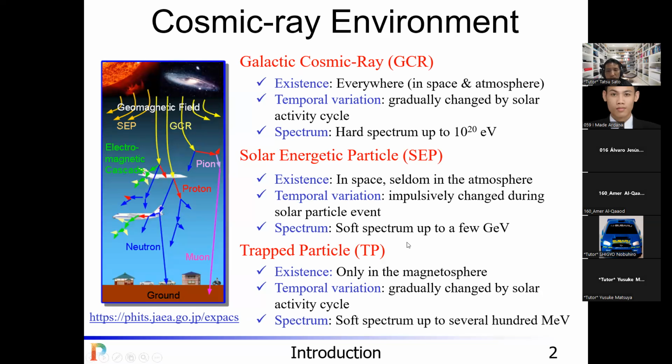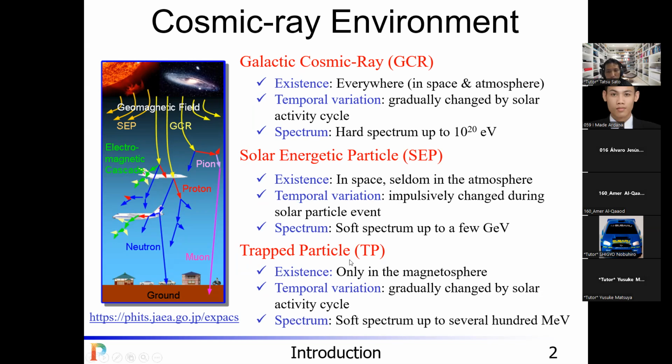The spectrum is rather soft compared with GCR, as I said before, so that's why it cannot be incident on the Earth's atmosphere. The energy is up to a few GeV, but that is an extremely huge event, and in most cases 100 MeV or a little more is the maximum.